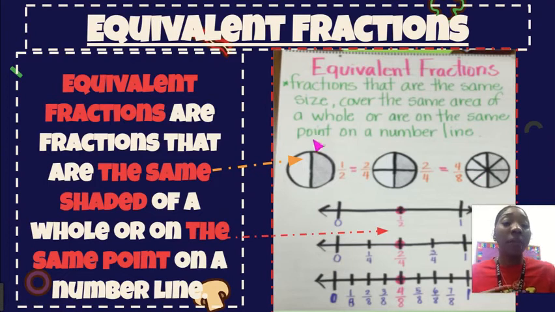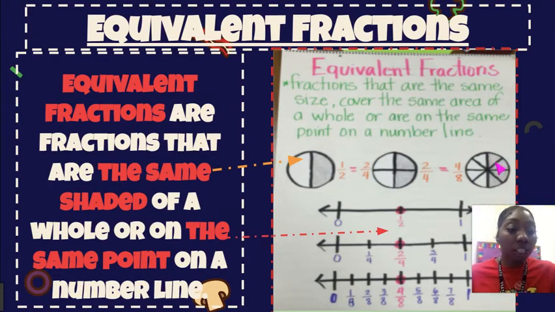So if we look at our fraction models here, we see that 1/2 of this whole circle is shaded, which is equivalent to 2 out of 4 parts shaded because it has the same amount of shaded area, which is equivalent or equal to 4 out of 8 parts because it still has half of the circle shaded.